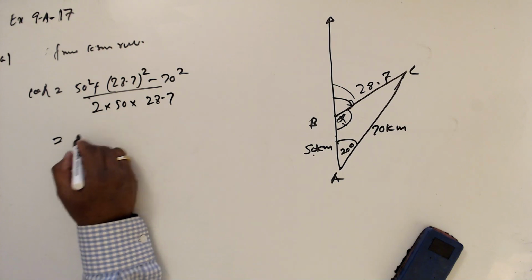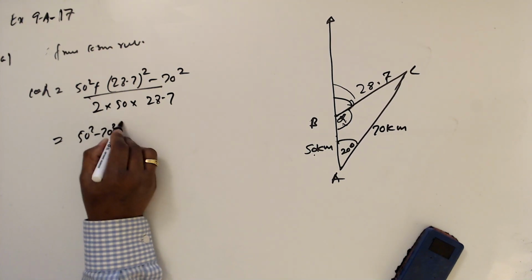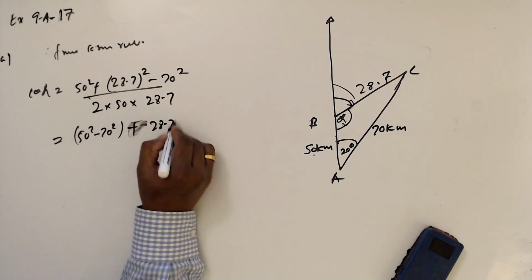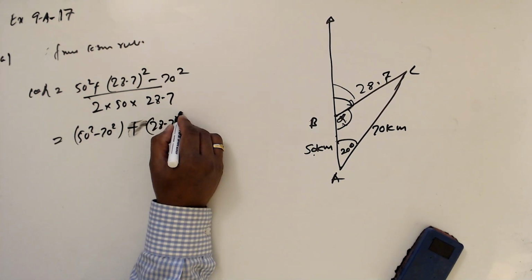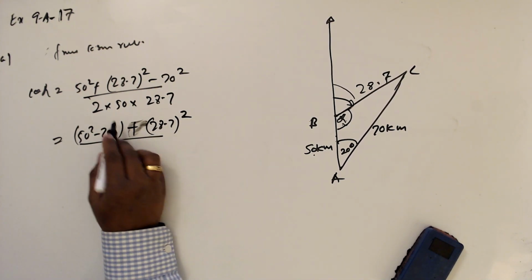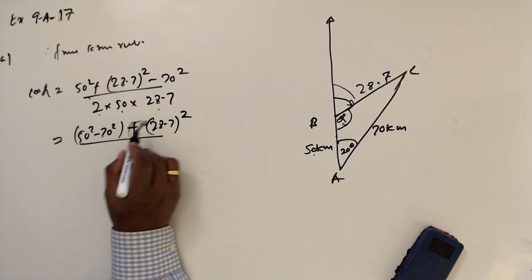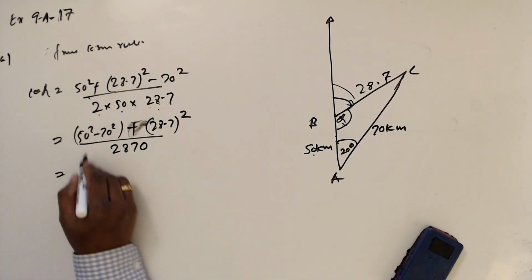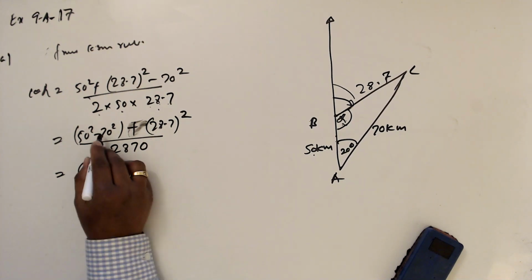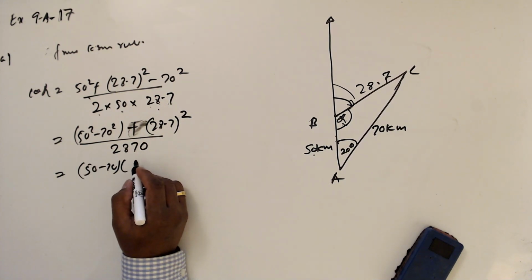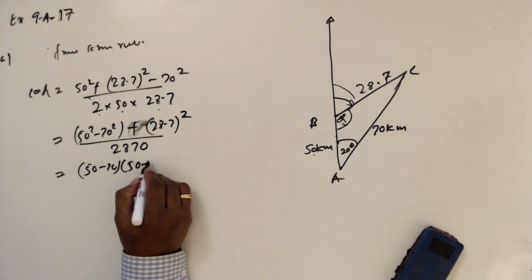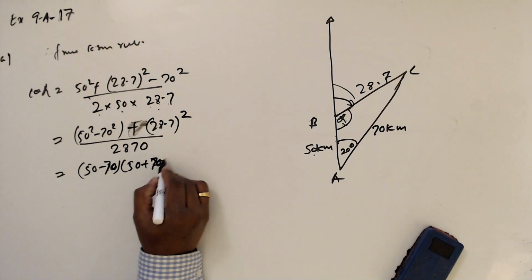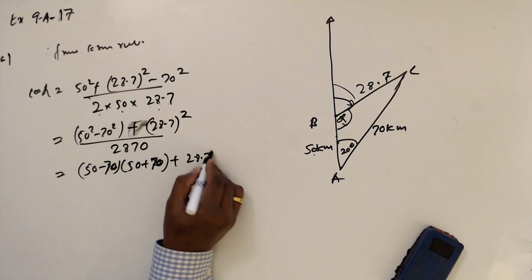Then this is 50 square minus 70 square plus 28.7 square, over 2 times 50 is 100, 100 times 28.7 means 2870. So this is 50 minus 70 times 50 plus 70, plus 28.7 square.